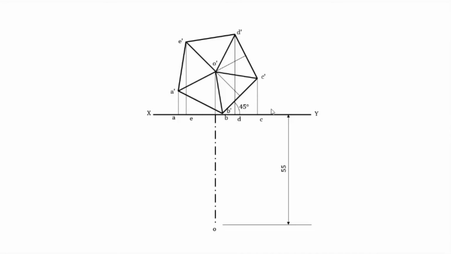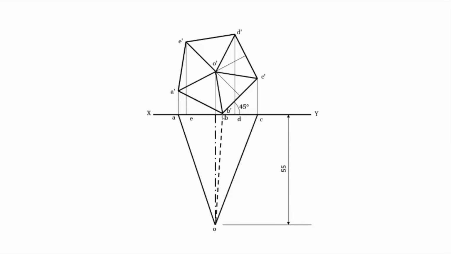So now we join all these points with the apex: AO, BO. BO is invisible since it is lying below, as we have seen in the Creo drawing. The BO line will be invisible, so we draw it as a dotted line.